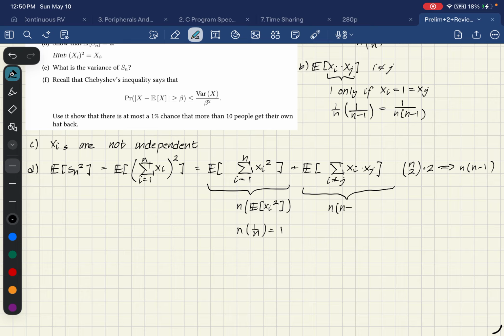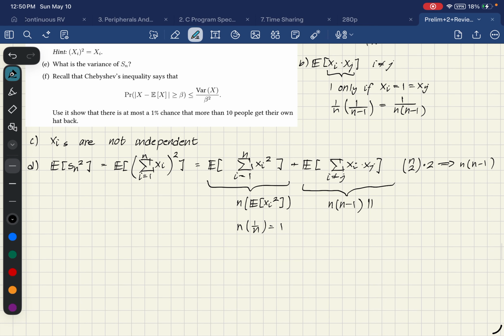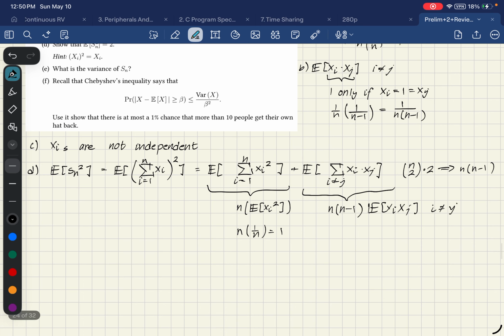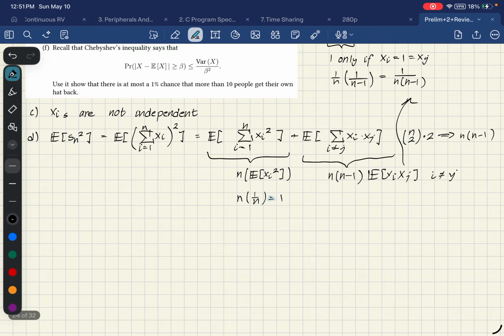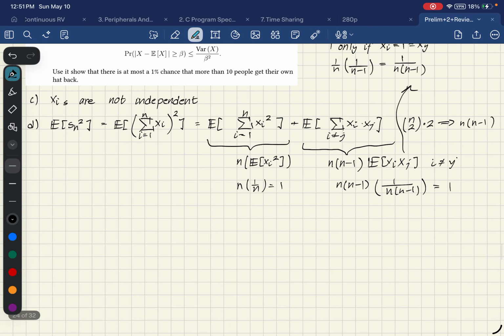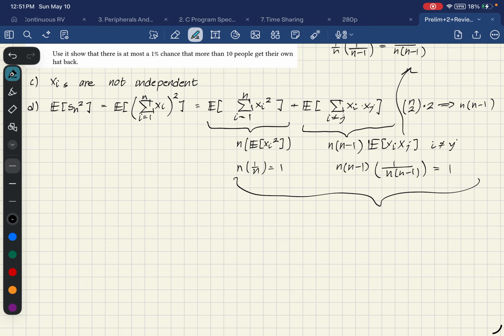Now we want to multiply that by the expected value of x sub i x sub j, where i is not equal to j. And from earlier, that's just 1 over n times n minus 1. So that is, I'll just write it out, equal to 1. So adding the 2, 1 plus 1 is equal to 2. Beautiful.